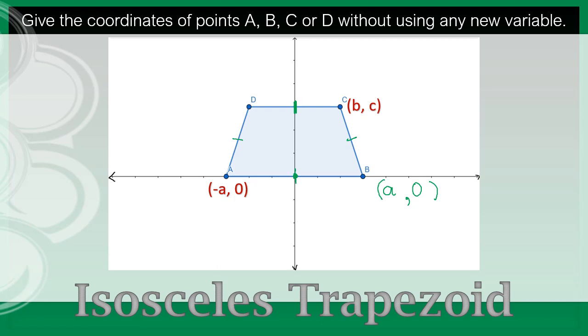Okay, and lastly, for point D. Point D is equidistant with point C with respect to our x-axis and y-axis.